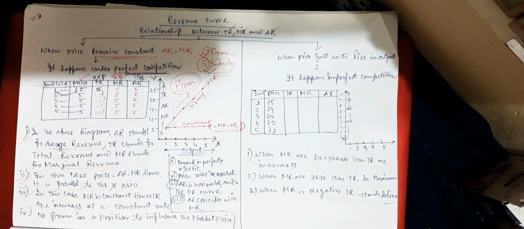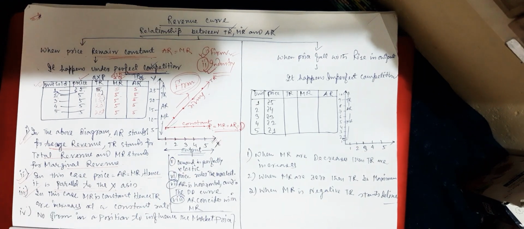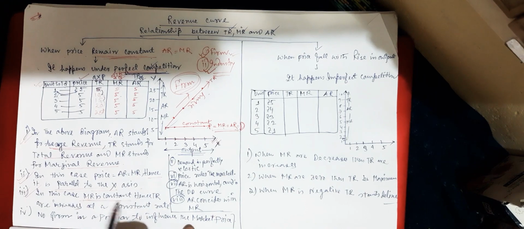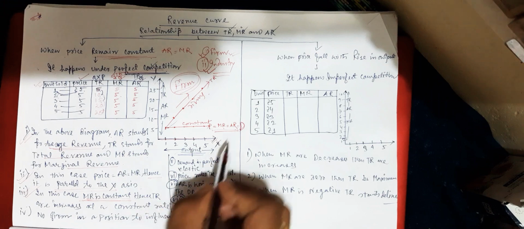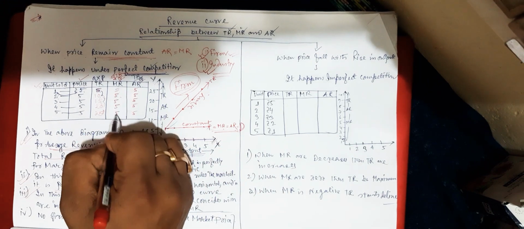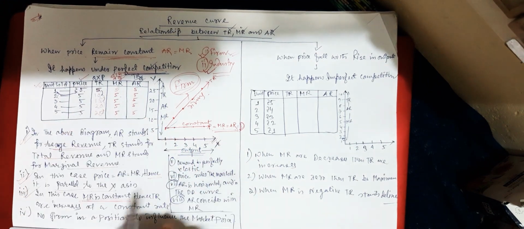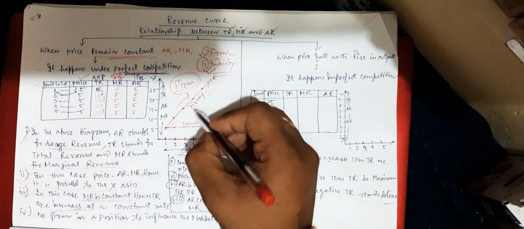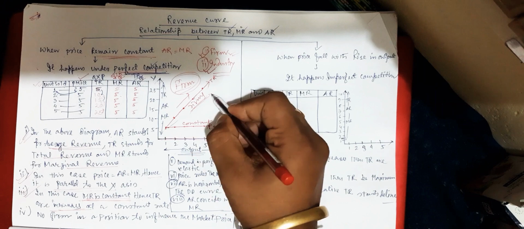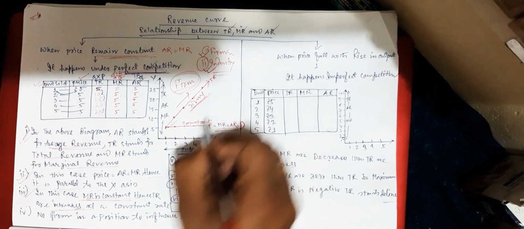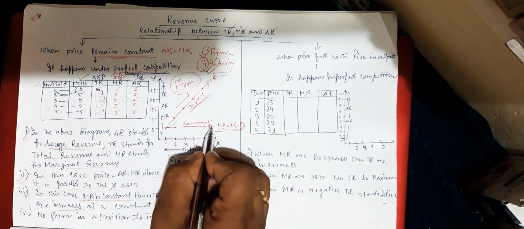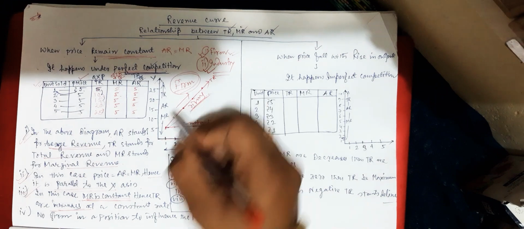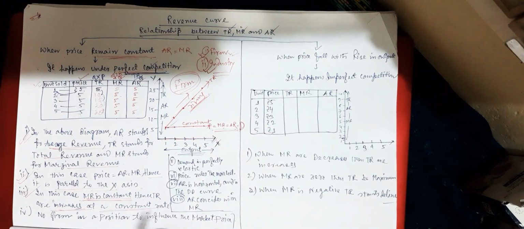Point number 3. In this case, MR is constant. MR is constant means what? MR is fixed, as in price. Hence TR increases. TR is increasing at a constant rate when MR is fixed.